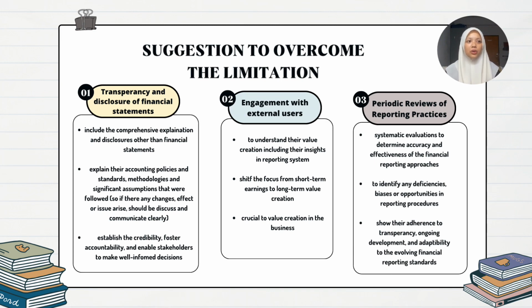The goal is to identify any deficiencies, biases, or opportunities for enhancement in reporting procedures, with an emphasis on minimizing intrinsic bias in favor of positive earnings per share growth. By engaging in periodic reviews, the company can show its adherence to transparency, ongoing development, and adaptability to evolving financial reporting standards, which ultimately fosters trust and confidence among investors and other stakeholders.